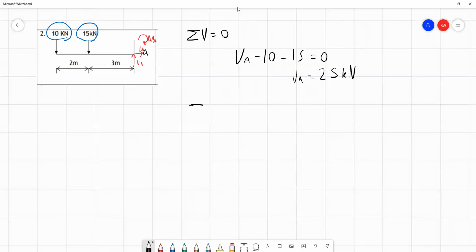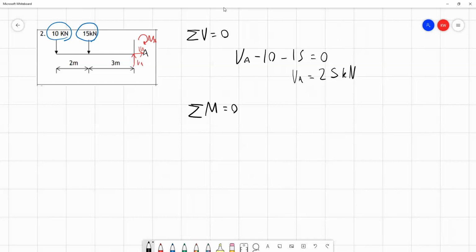Now, similarly, the moment is equal to 0 at all points in this diagram, which means any moment, any turning action due to these forces, must be counterbalanced by a moment at MA.